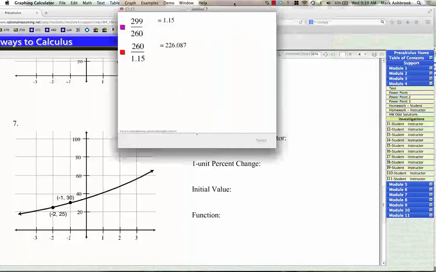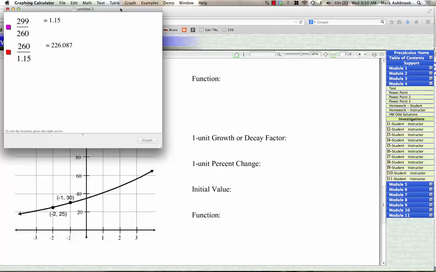Number 7. Here the thing that's kind of the curveball is they're giving you values of output for negative values of input, but that doesn't phase us, right? There's nothing different about this. So if at negative 2 the output is 25 and at negative 1 it's 30, how do we find the 1 unit growth factor? 30 over 25.